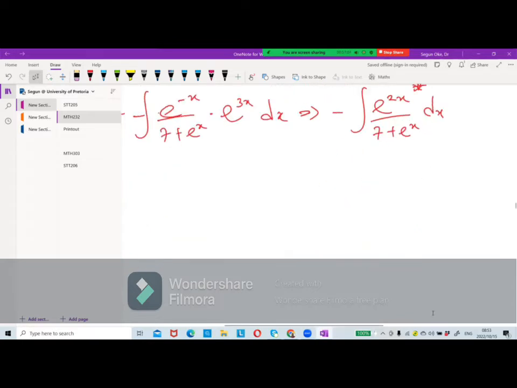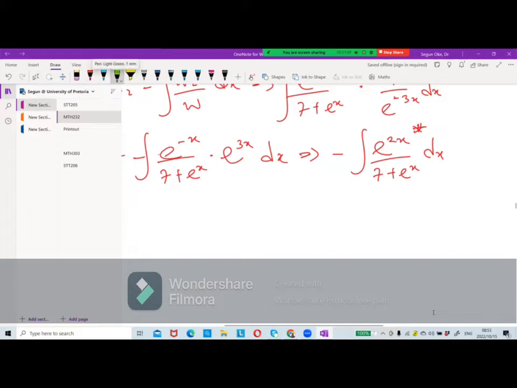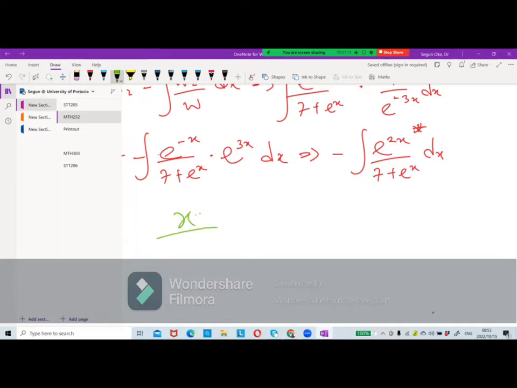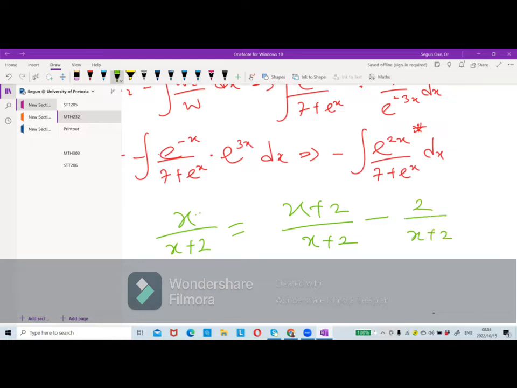I now gave us an example. I said, okay, listen, you agree with this one. When you have x over x plus 2, I'm just using this as illustration. Now that I have x over x plus 2, I want to simplify it. I can have the same thing by saying x plus 2 over x plus 2 minus 2 over x plus 2.